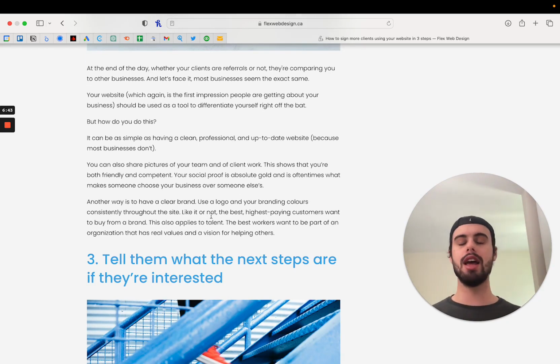The best workers, the most talented workers for your service-based business, they want to be part of a brand, something that's bigger than themselves, a company that has a vision and real values, right? If you have a bad online presence that doesn't communicate your brand, doesn't show that you do great work and care about your customers, you're going to attract crappy talent, right? And that's just the hard truth.